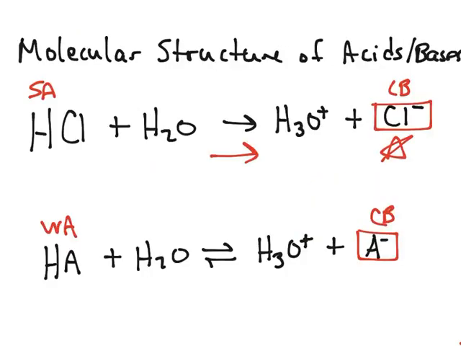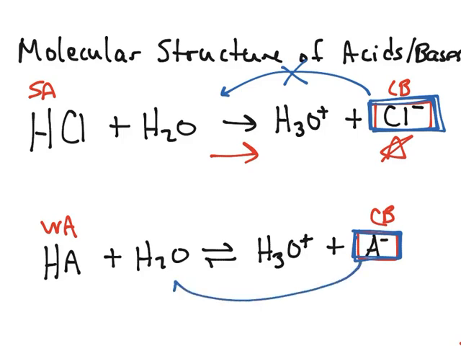So if we go back, this chloride ion is more stable as a chloride ion than whatever this anion is all by itself. Since this chloride is more stable, it doesn't really have a desire to regain that proton. However, this anion down here is unstable enough that some of them will regain their protons.